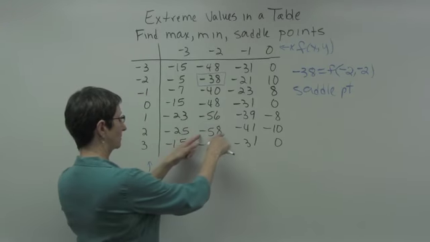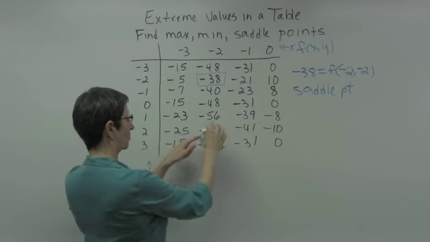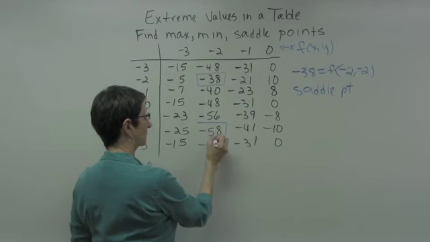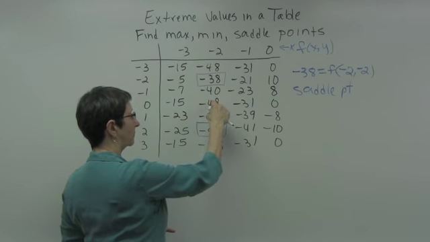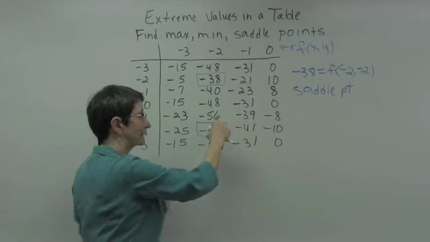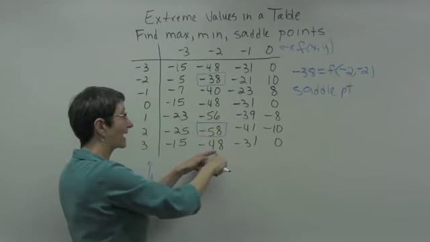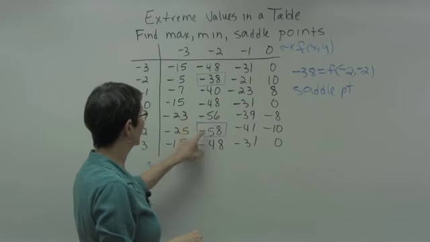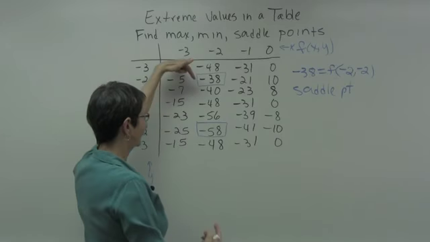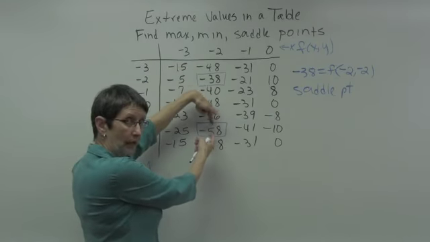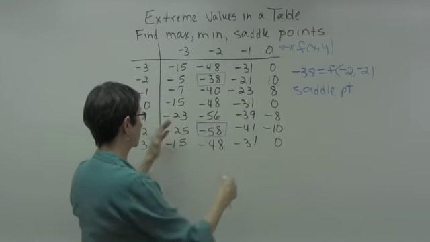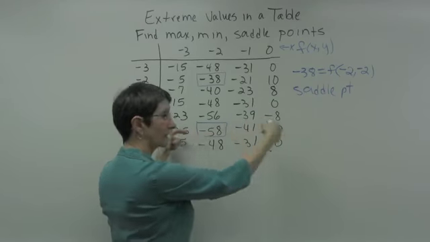But when I look in the middle at this point right here, negative 48 down to negative 56, down further to negative 58, back up a little bit, it looks like this point goes down to that point, but in the other direction, it's still going down to that point.